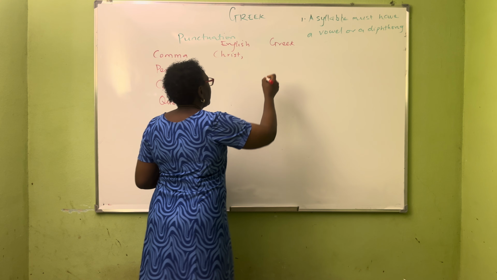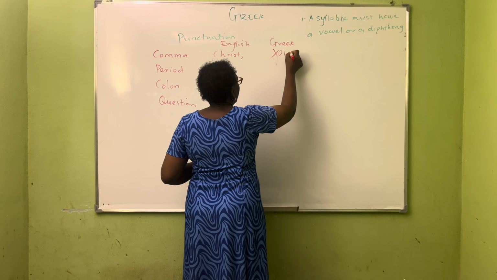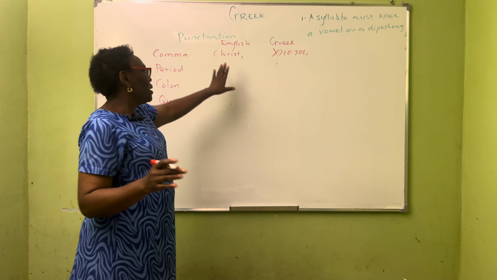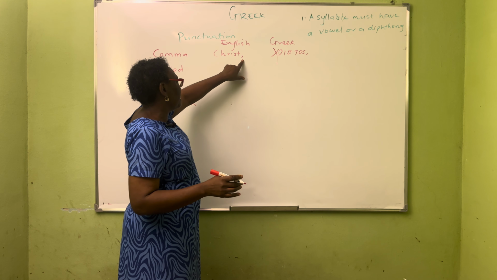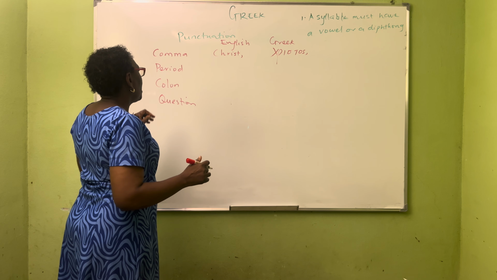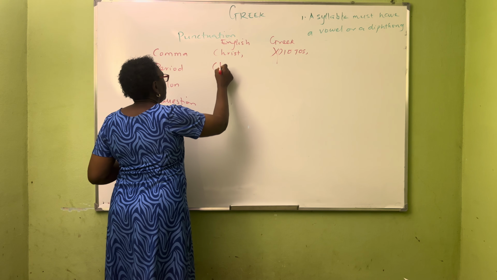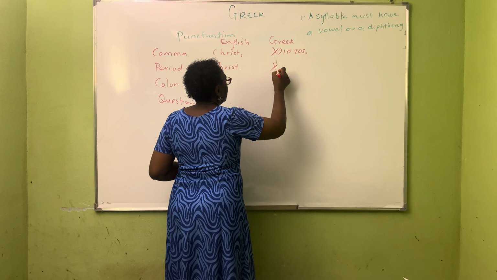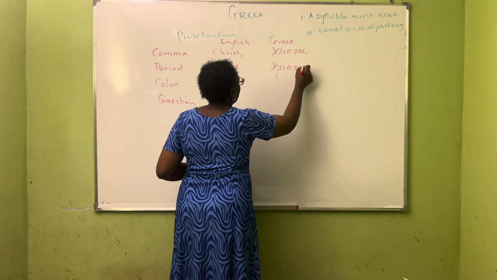If it were in Greek and you want to write the same Christos, the comma is basically the same. Don't forget, it's the mark I want you to take note of, the punctuation marks. Period, if you put that in, say Christ, it will be like this. In Greek, it will also still be like that.